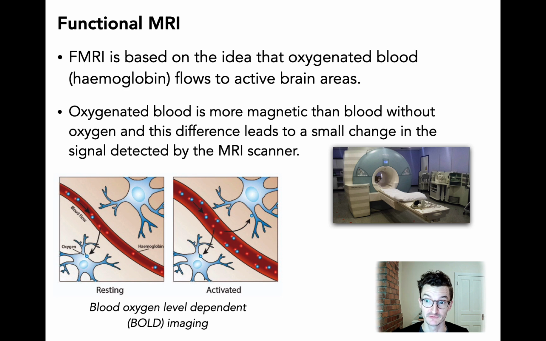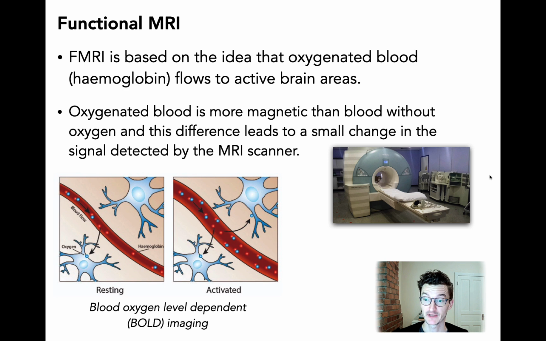More oxygen means more brain activity. And so some very smart physicists were able to figure out how to use this information to basically create movies of brain activity in relation to participants doing something in the MRI scanner.